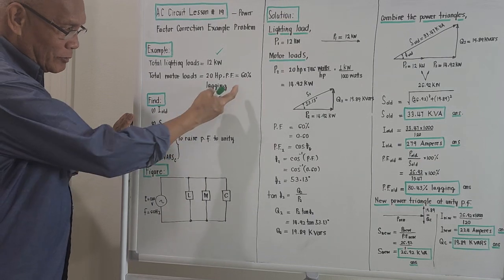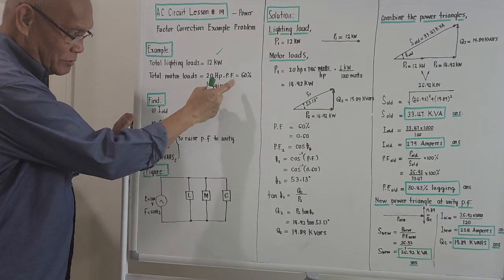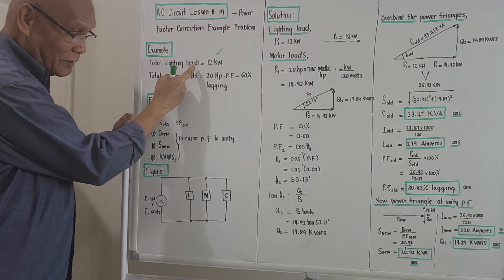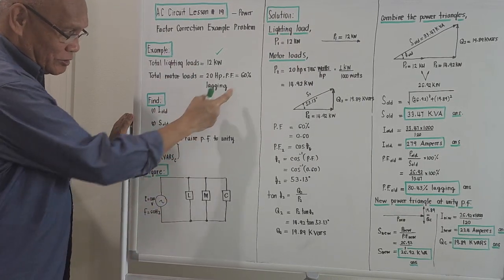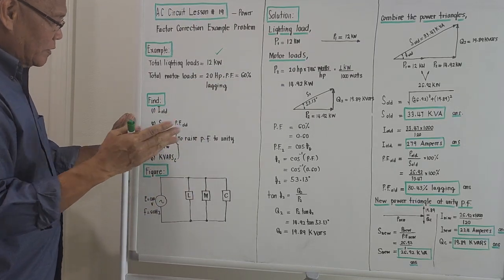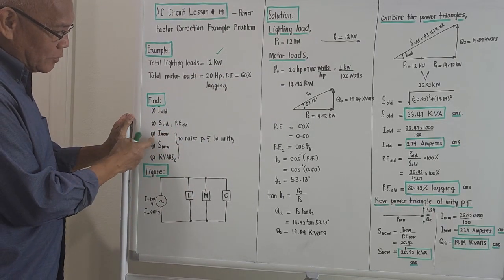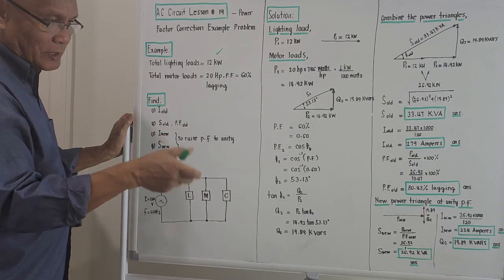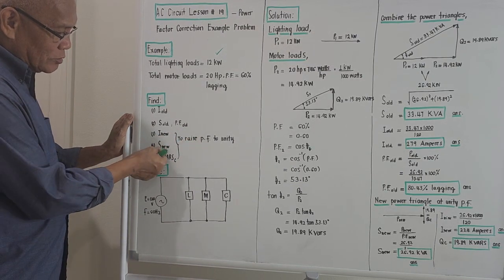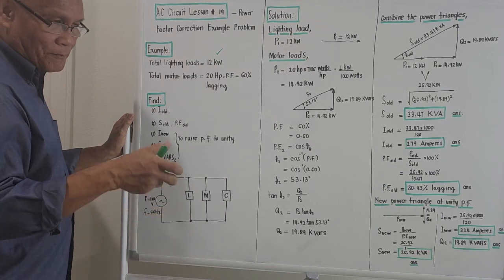The old power factor is not 60% because this 60% only refers to the motors, okay? Because we got a lighting load. So this 60% is not the old power factor. Okay, next one. Capital letter I with the subscript new, meaning the total new current. Number 4, capital letter S with the subscript new, the total new apparent power.